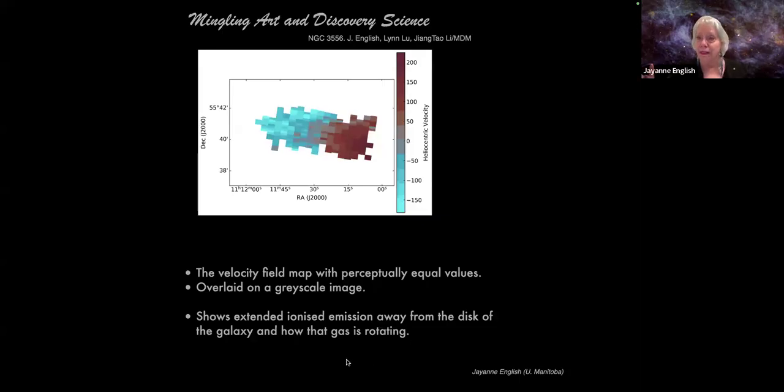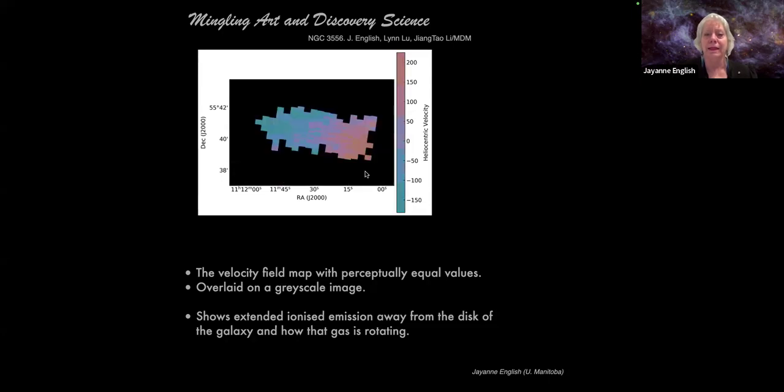Okay, what else can I do with this color scheme? This is now optical data, it's spectrographic data, and it's ionized hydrogen gas instead of neutral hydrogen gas. But you can see the rotation of this galaxy. One of the things I can do with this velocity field map is make all the colors have the same intensity, the same brightness.